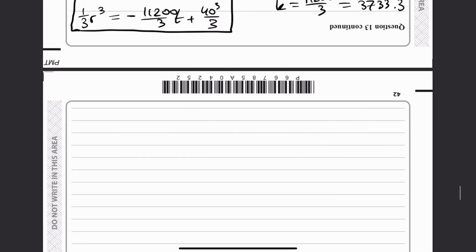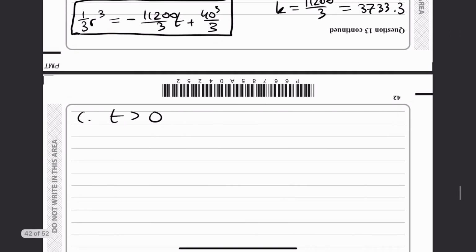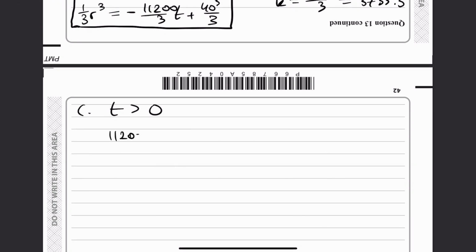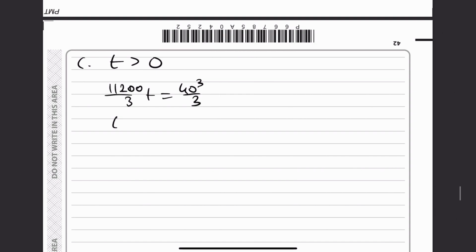So obviously the first constraint is that t has to be greater than 0 because you can't have negative time. Let's also find a critical value because r has to also be greater than 0. When it's at 0, this is going to be the time. Now we just got to solve this. So t equals 1 over times 40 cubed. 5.714.